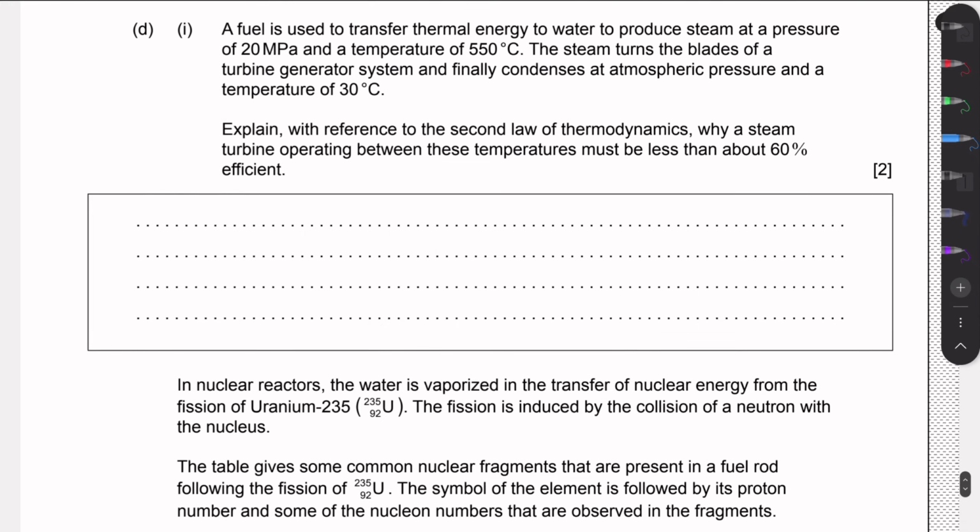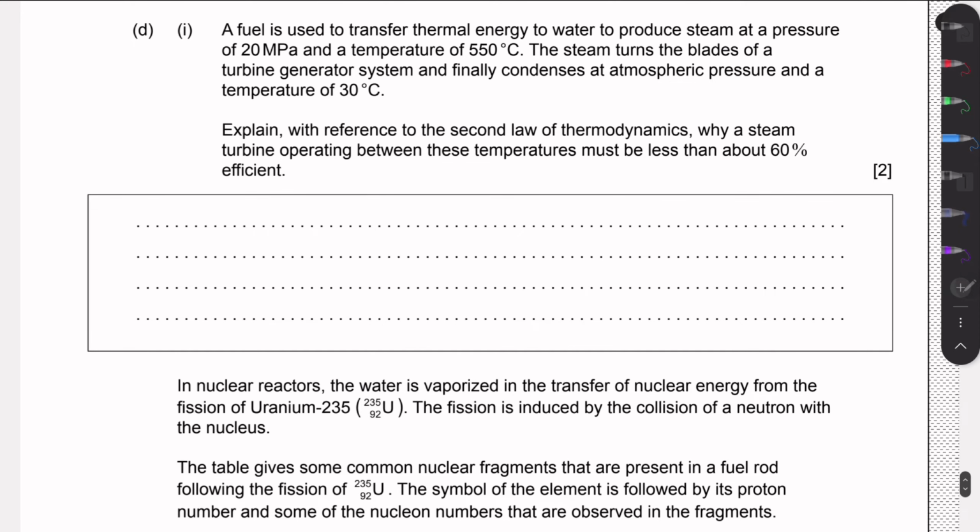So what the second law of thermodynamics tells us is that the most efficient engine is the Carnot engine. So no heat engine can be more efficient than a Carnot engine. And the efficiency of a Carnot engine can be calculated with the relationship that efficiency is equal to 1 minus Tc over Th.